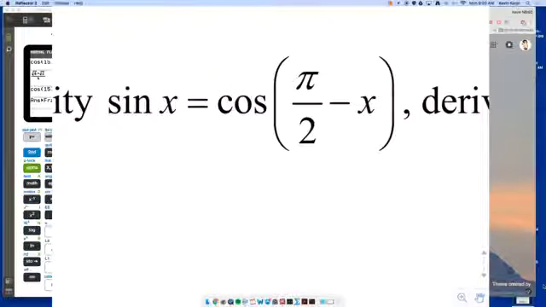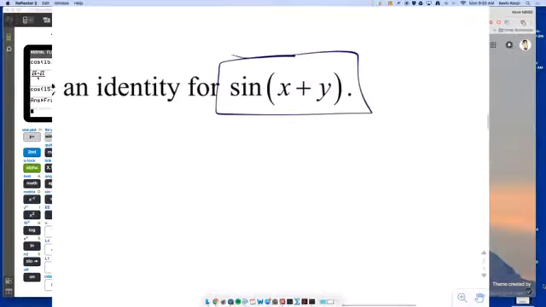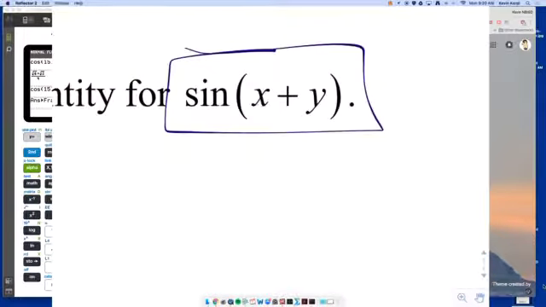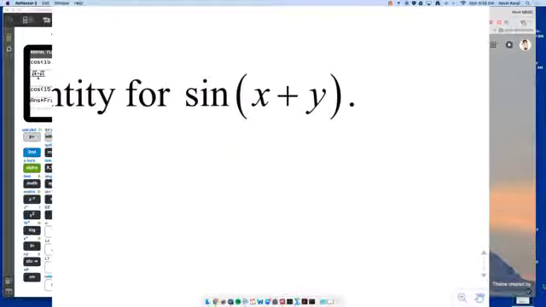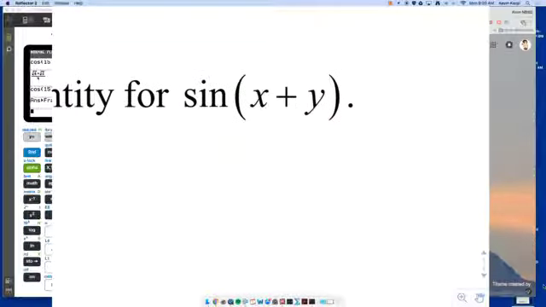That's the cofunction identity, okay? So here's how we're going to develop, or invent, I guess, discover, maybe is another word, the identity for sine of x plus y. We just memorized the cosine composite identity. So if I can write sine of x plus y in terms of cosine, I can use what I previously learned. So let's do that.